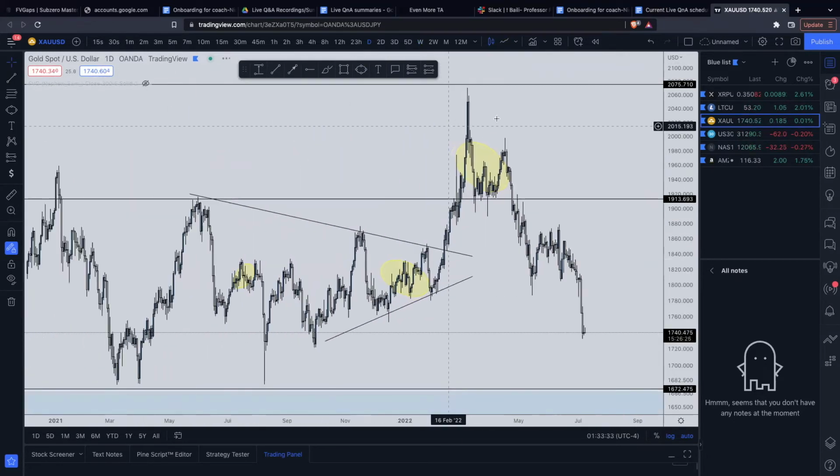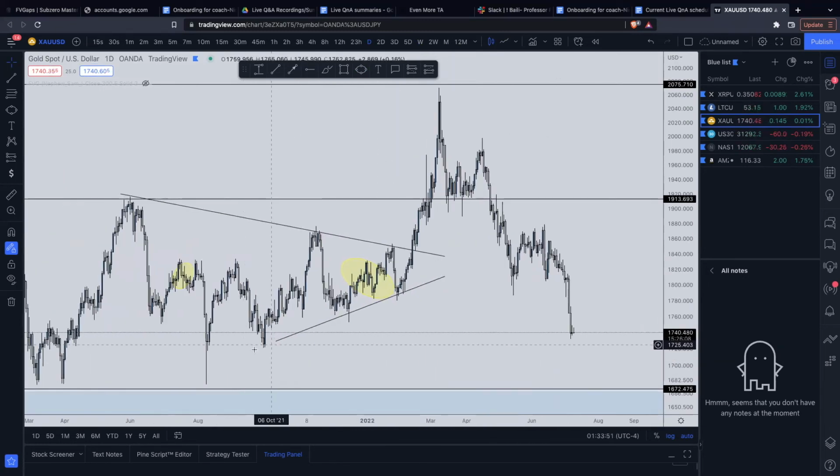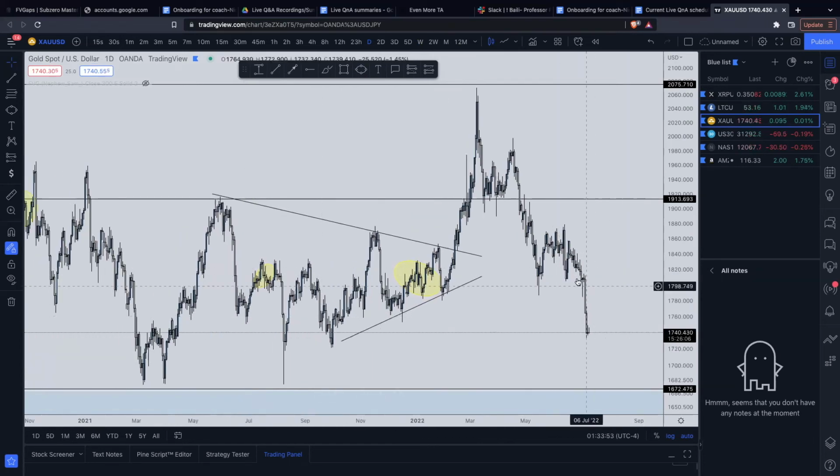When we take a look at price, we had a very big bearish move, so we can expect price to try to find support and start to consolidate. Now that we're here, I don't see many places to look for a buy. I would rather wait for price to find some type of level of support.